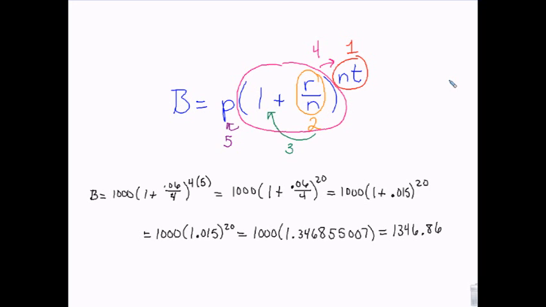This is the steps, and that's what it looks like. But when we do this on the calculator, I want to show you how you can do that without having to write all that down. Okay? And I'll do that in just a second.